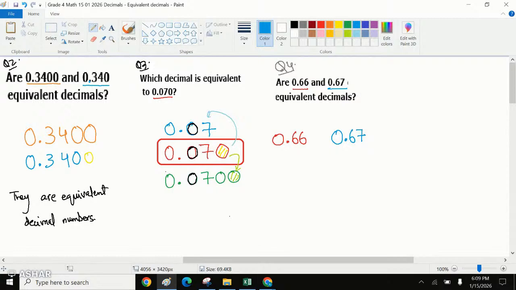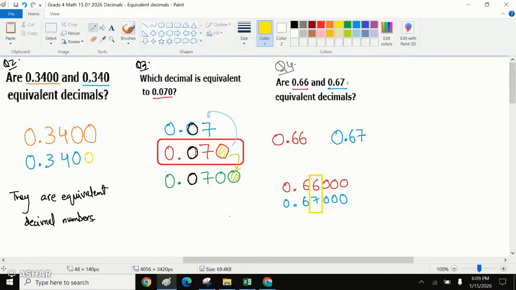So whenever we have a different set of numbers, they would never be equal. See, we can always write this as 0.6600, right? Or even we can add 3 zeros. But if we write the other number 0.67000, what we can see over here is that they both are not the same, because one of the numbers has 6 and the other number has 7 in the 100th position, right?